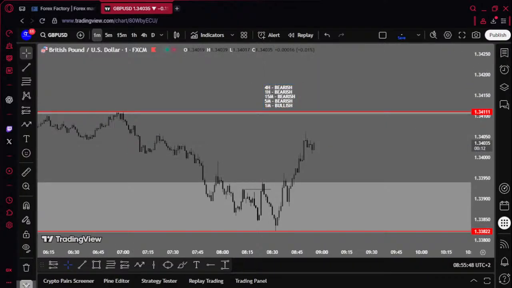I mean, if you use the 15 minute as your highest time frame, then you'll be fine using the 1 minute for your entries, because like I said, I use the 4 hour and the 1 hour as my high time frames. So I cannot use the 1 minute for my entries.